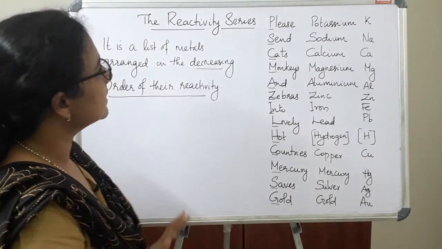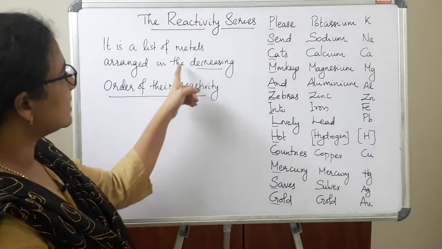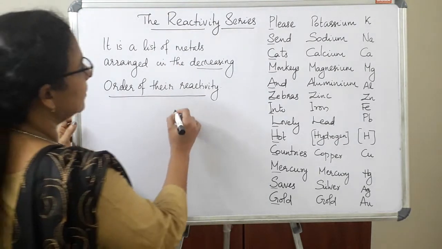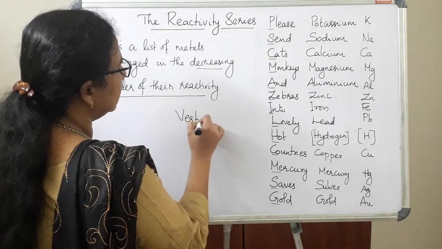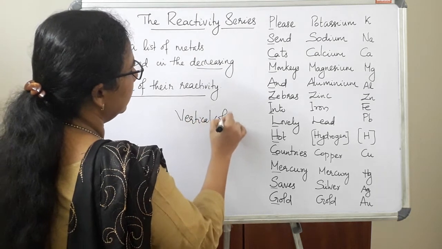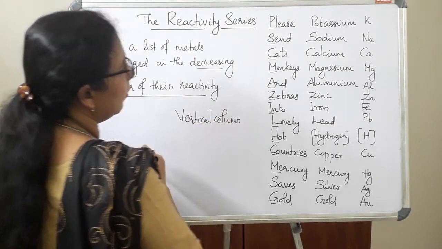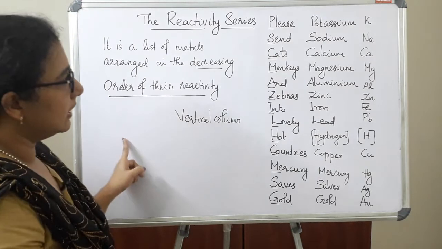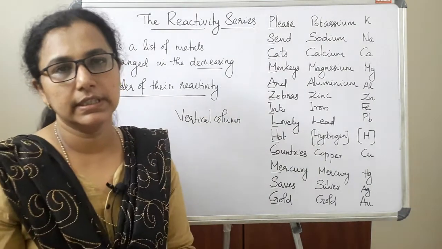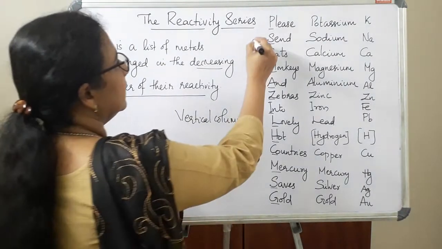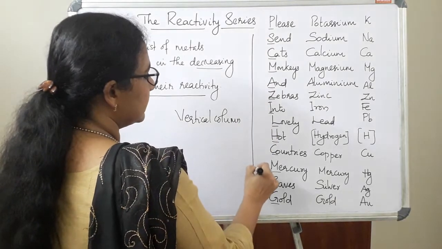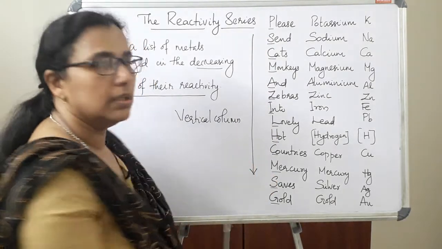The reactivity series is a list of metals arranged in the form of a vertical column, in the order of their decreasing reactivity. The reactivity decreases when coming down.